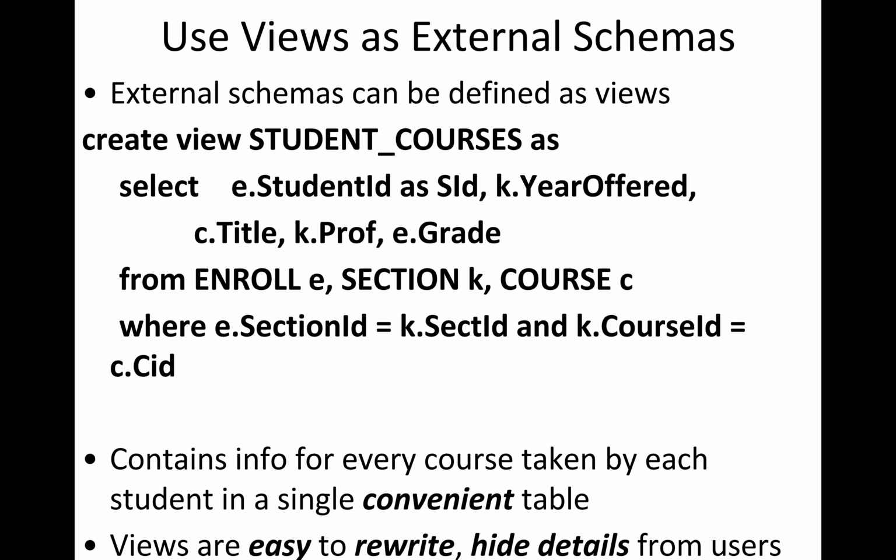It goes off to an enrollment table, the section table, and the course table, joining them together so that we navigate from one to the other, and we retrieve the fields we need, like the student ID, the year offered, the course title, the section professor, and the enrollment grade. So this combines all those values in a convenient representation, and it also hides the details of how the data is actually stored and represented.